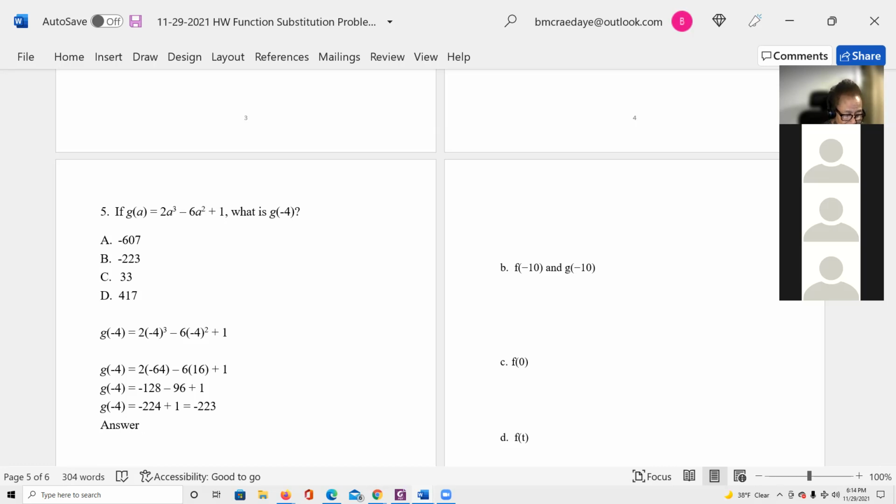Yeah, I did that. That would give you the error. If you made this 128 a plus, and subtracted the 96, you get the 33. That's exactly what I did. I got everything right, but the sign was messed up. You didn't have a negative, you put a plus, and that would give you the 33.